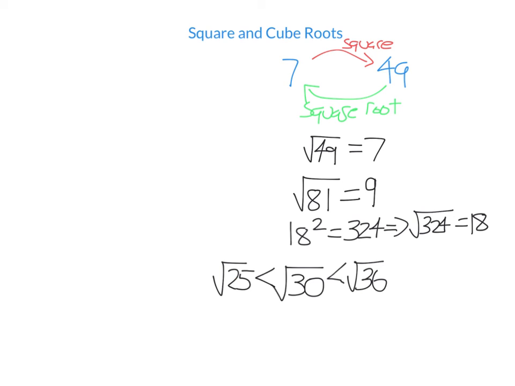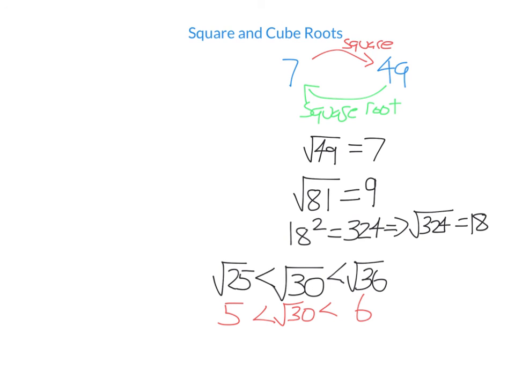Because these are perfect squares, root 25 is 5 and root 36 is 6. So the square root of 30 is between 5 and 6. As I said, it's going to be around 5.5. You need to be able to take a non-perfect square and tell me between which two integers, which two whole numbers, its square root lies.